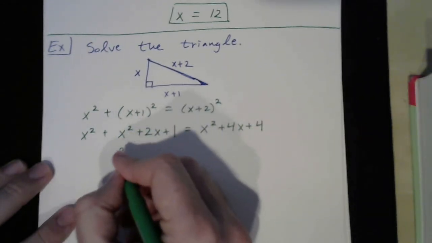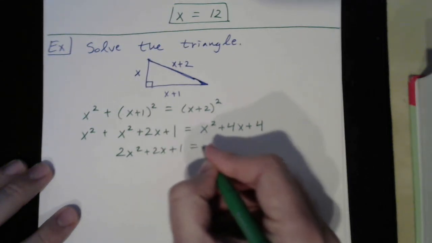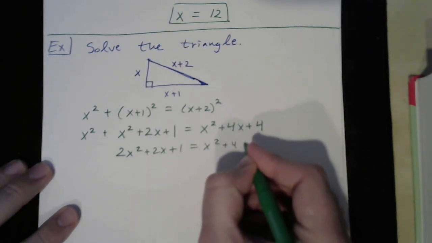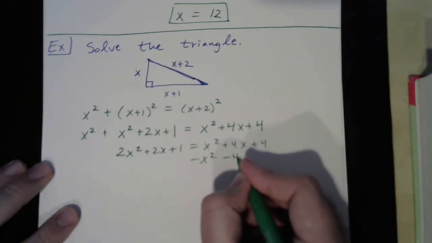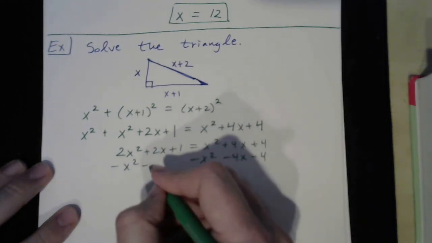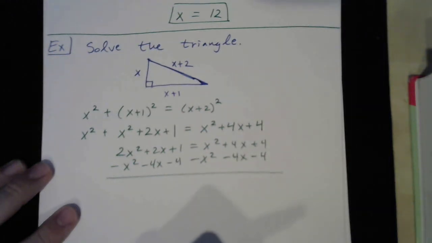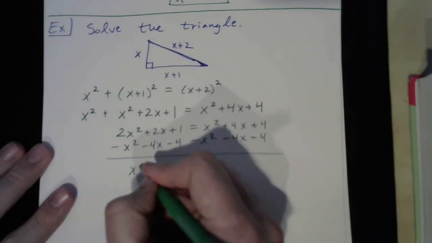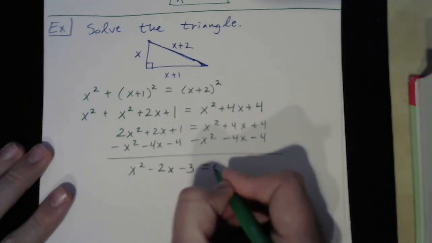So we have 2x squared plus 2x plus 1 equals x squared plus 4x plus 4. I'm going to move all of these terms to the left. Subtract them away. Minus 4x minus 4. So we have x squared minus 2x minus 3 equals 0.